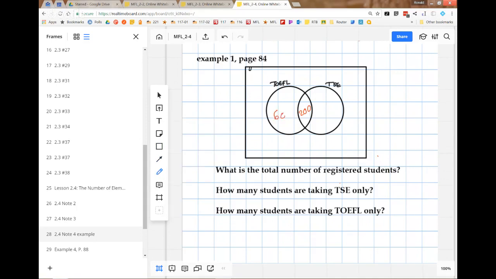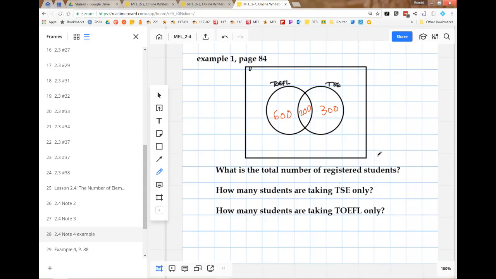Now we know TOEFL has 800, so there must be 600 in the part that doesn't overlap. And TSE has 500. So what do I write over here? 300. Now you can answer the questions on the bottom.